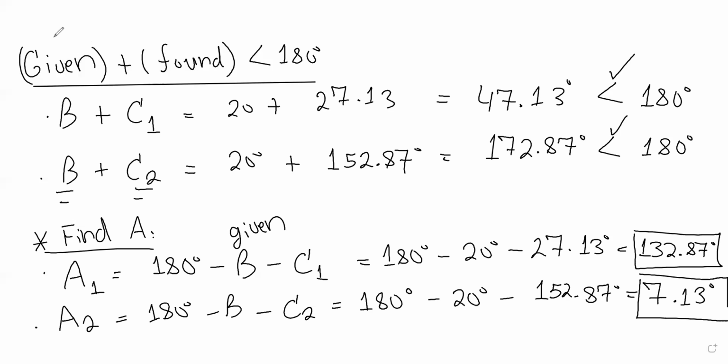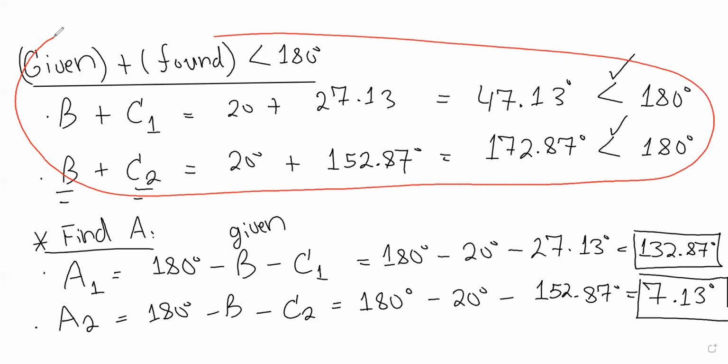I know this step is kind of silly, because we can clearly see that when we add our B and our C, it's not going to exceed 180 degrees. But if you forget that step, then you could be in a situation where, if the sum of two angles exceeds 180 degrees, for example, if C2 did, then C2 would not represent a triangle. So then we'd only have one triangle as our solution.